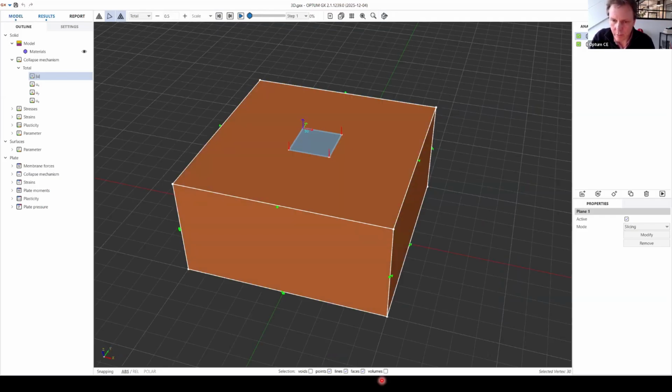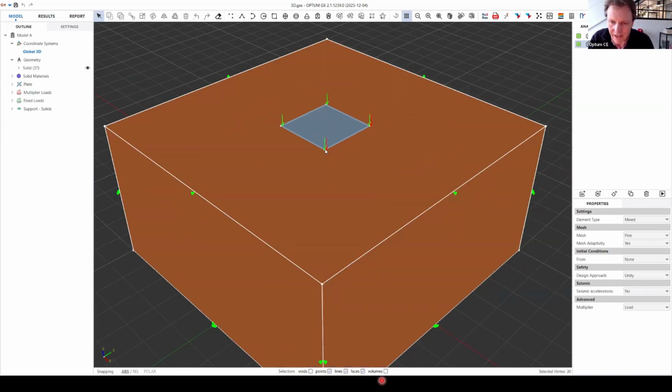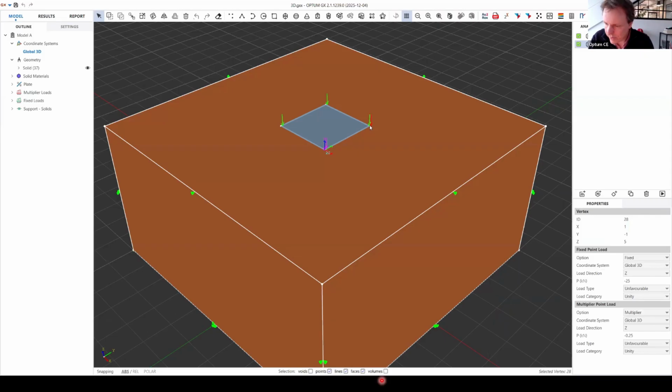And then also one with basically a moment. So here I have fixed loads equal to 25 at each of the corners. So a total vertical load of 100 kilonewtons, and then I apply a moment, and I do that by applying multiplier loads at these two sides, downward directed.